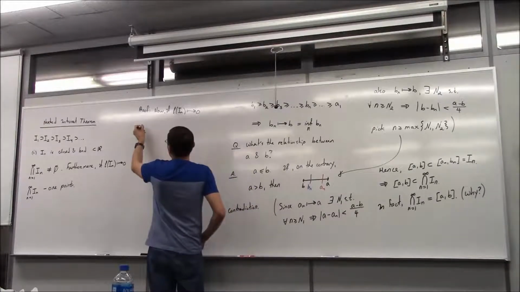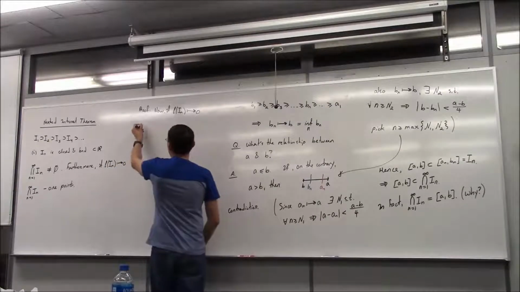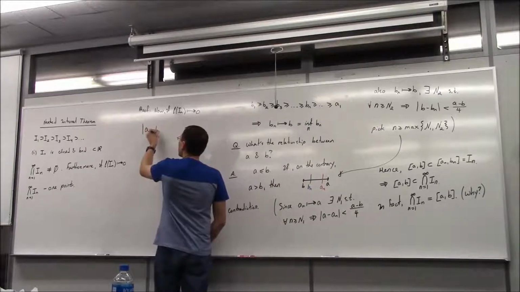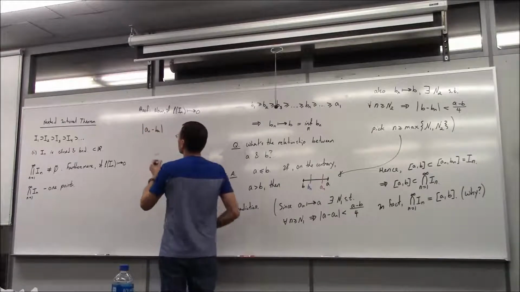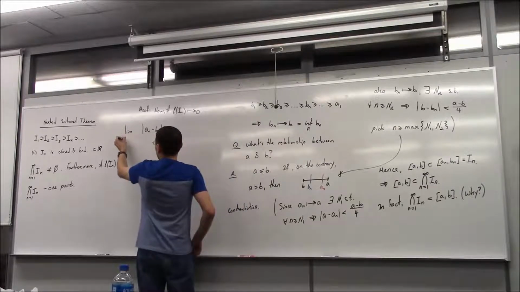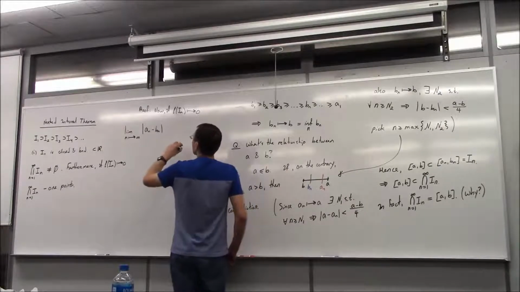This implies that the distance, the absolute value of An minus Bn, if I take the limit as n goes to infinity, we know is approaching 0.